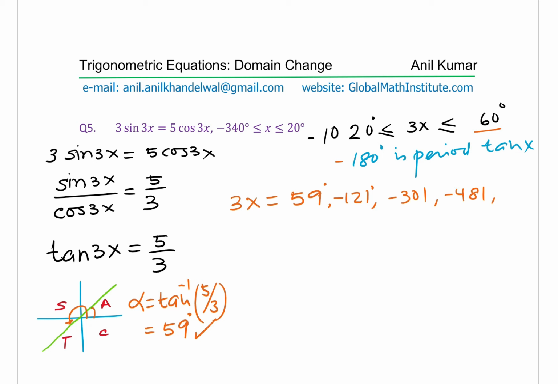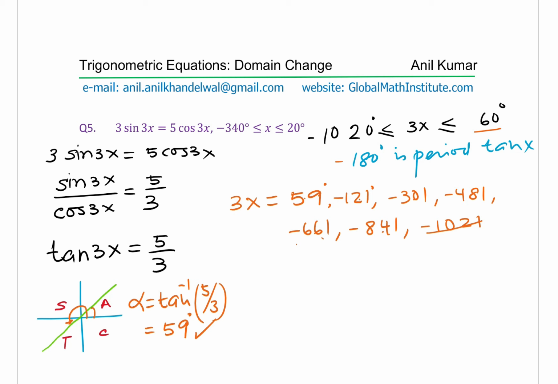Again minus 180, minus 661. Minus 180, minus 841. Minus 180, minus 1021. When you reach minus 1021, you've gone beyond, so that is not the right one. So we have got 1, 2, 3, 4, 5, 6 as expected, 6 answers.